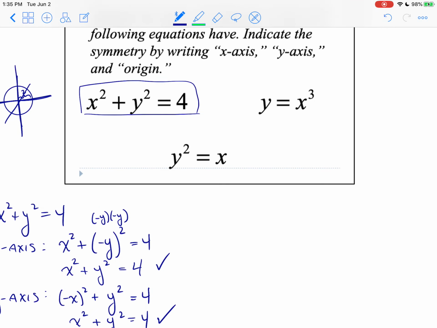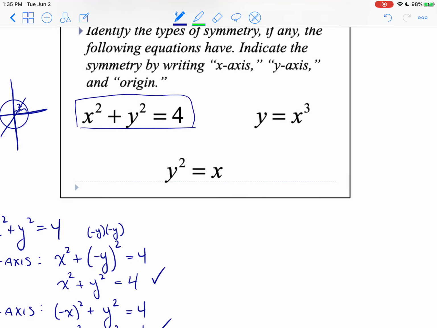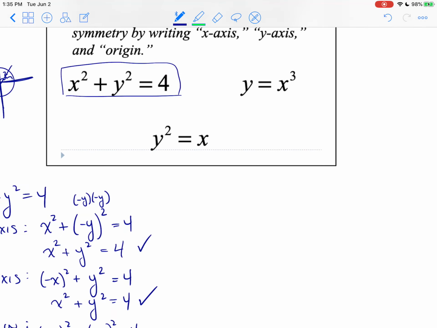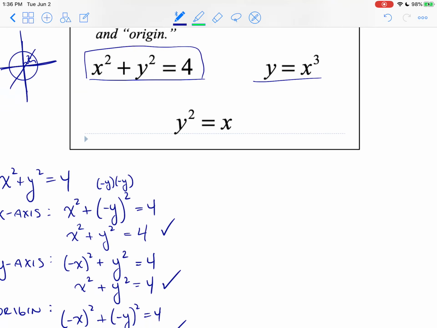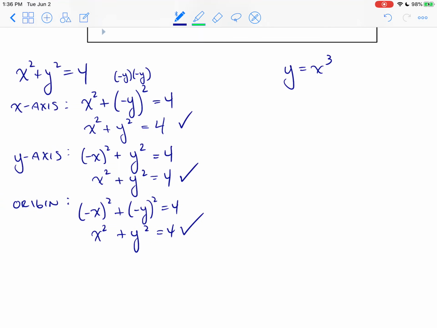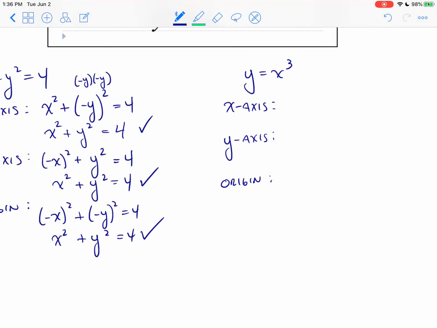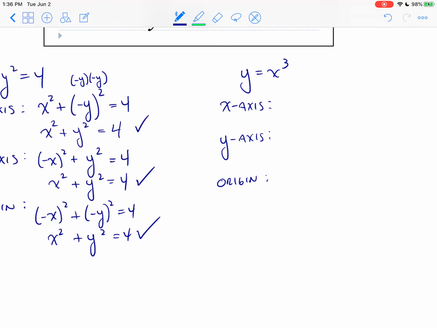But now let's look at an example that doesn't necessarily have all three types of symmetry, or maybe it doesn't have any of them. Let's move on to y equals x cubed. And again, we're trying to assess whether it has x-axis symmetry, y-axis symmetry, or origin symmetry. So for x-axis symmetry, we're substituting in negative y for y.